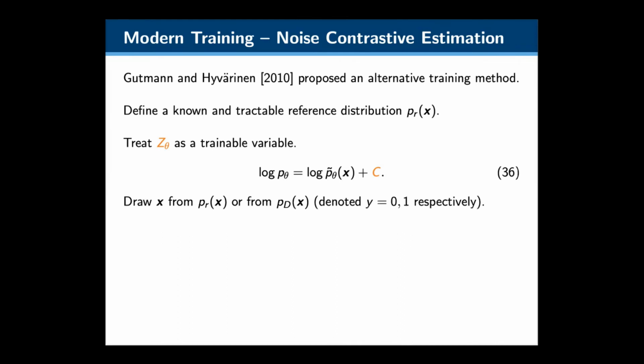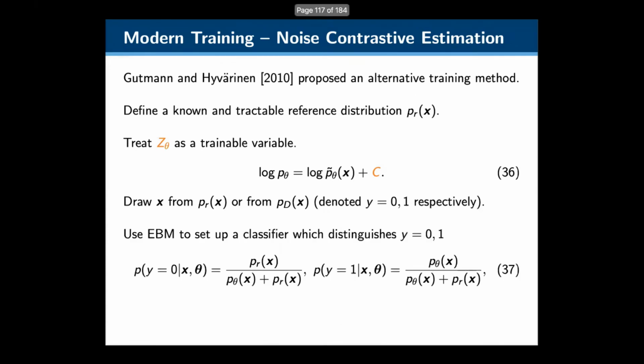And now we will draw X from either the reference distribution or the data distribution, denoted 0 and 1 respectively. So we'll say 0 if it came from the reference and 1 if it came from the data. And we'll set up a classifier using our EBM. Basically, it's a classifier which comes out of Bayes' rule to distinguish between these two events, 0 and 1.